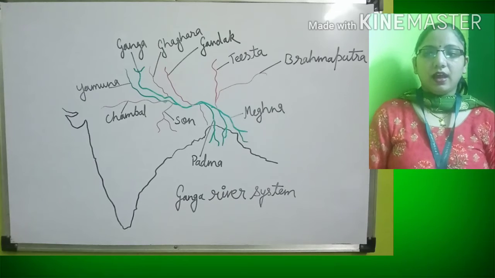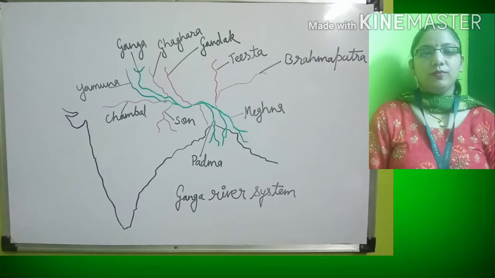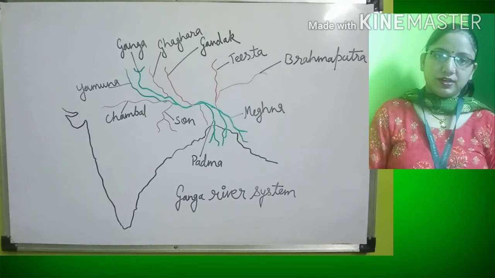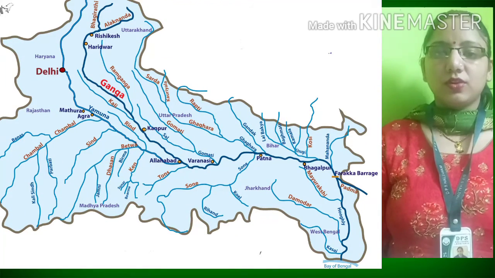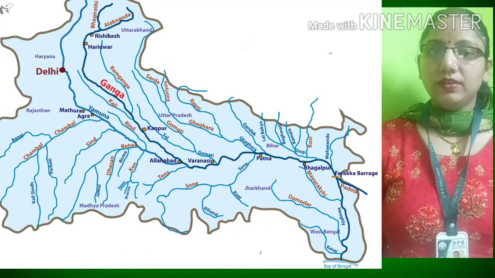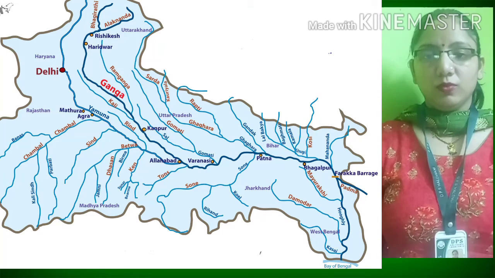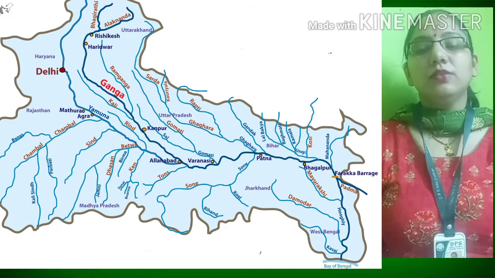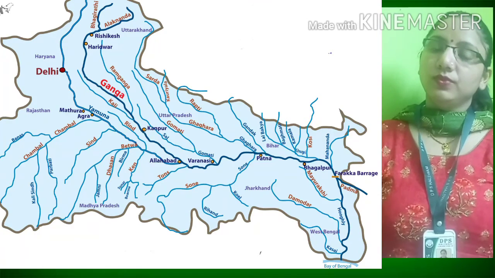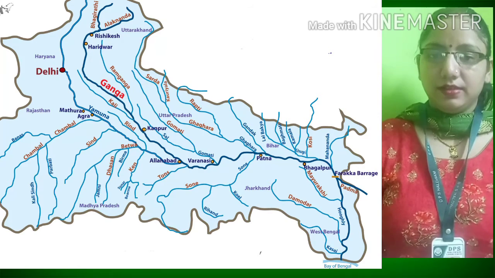Students, the Ganga is an important river of India, both from the point of view of its basin and its cultural significance. If we talk about the origin, the Ganga rises in the Gangotri Glacier near Gomukh, around 3,900 meters, in the Uttarkashi district of Uttarakhand. Here it is known as the Bhagirathi River.